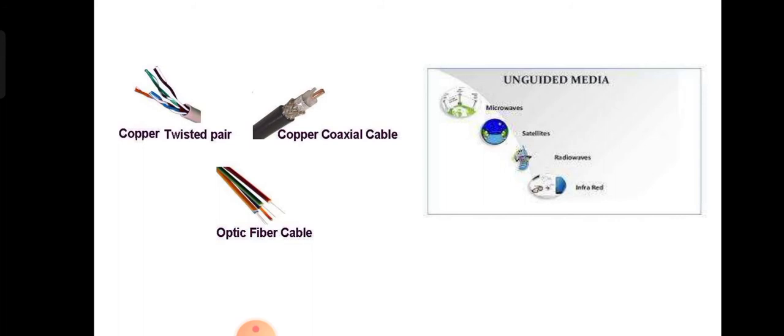Like this is a twisted pair cable. In this twisted pair cable we have four colored pairs of wires: orange, brown, green and blue. All of these are connected using the RJ45 pin, which is used for the network.